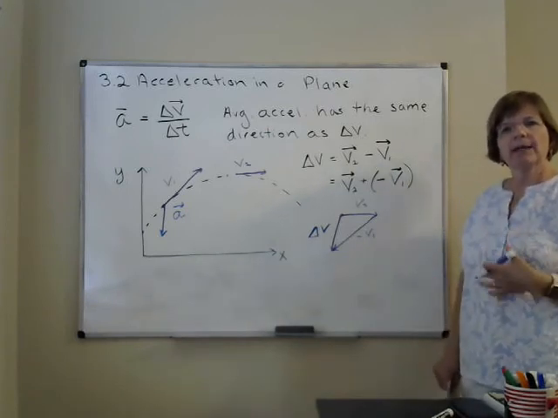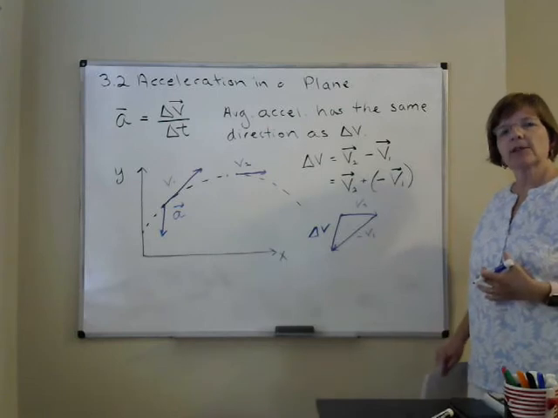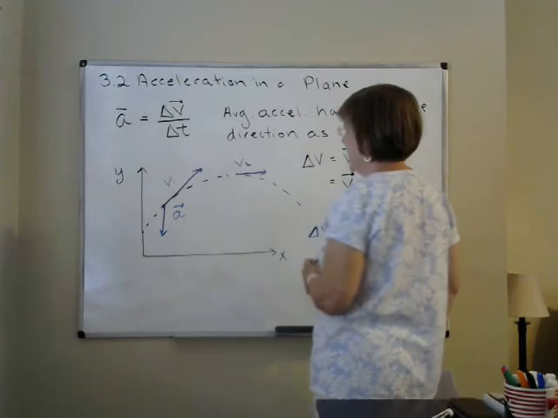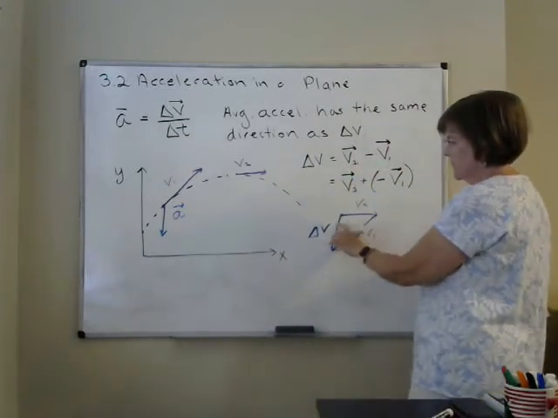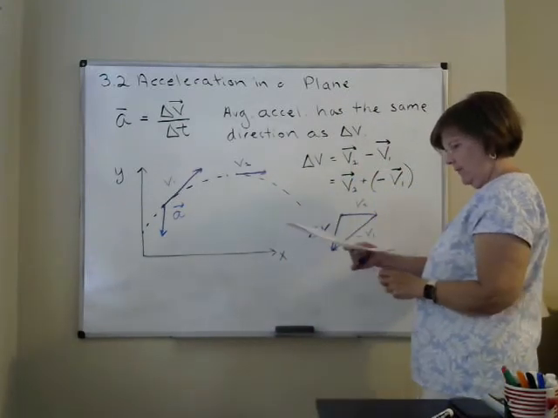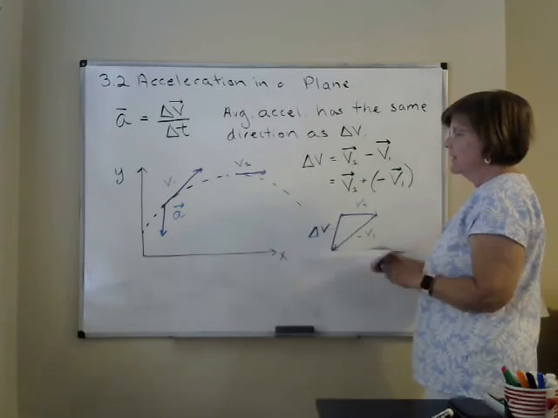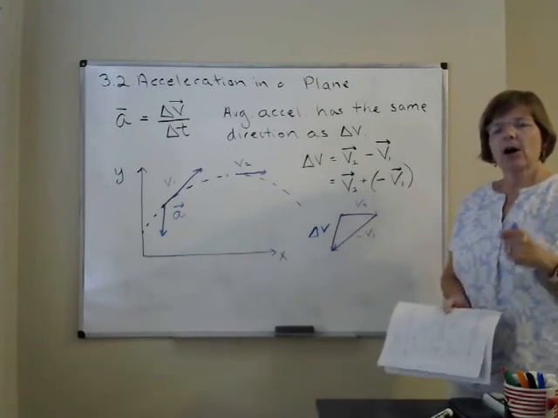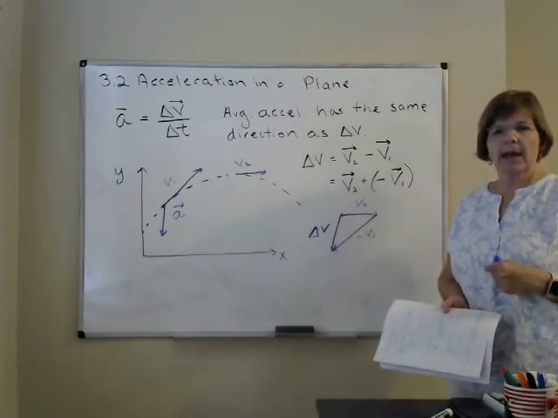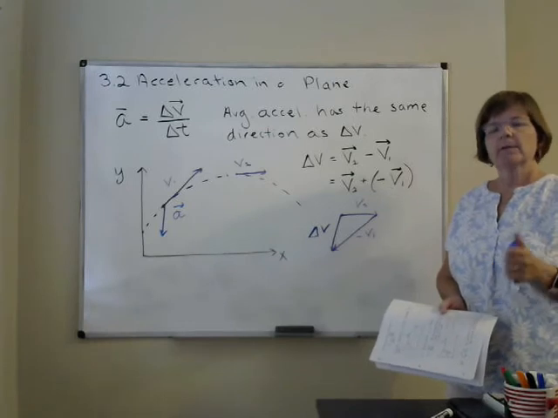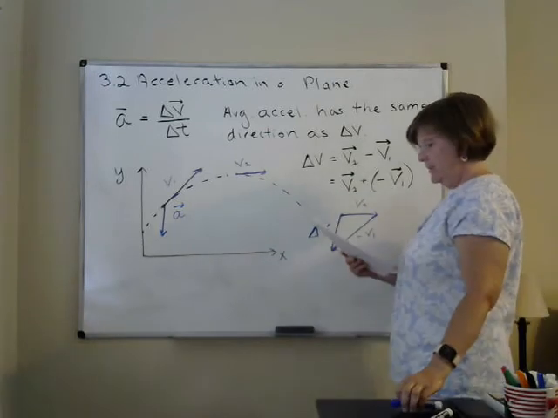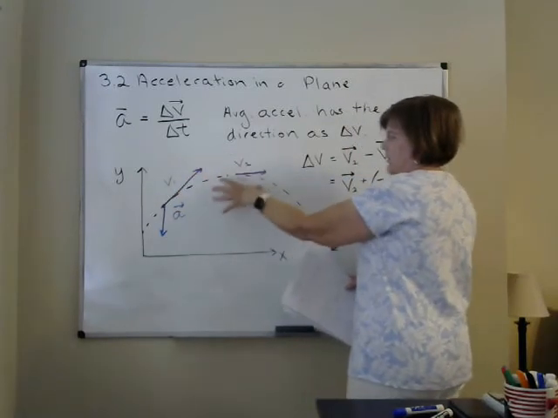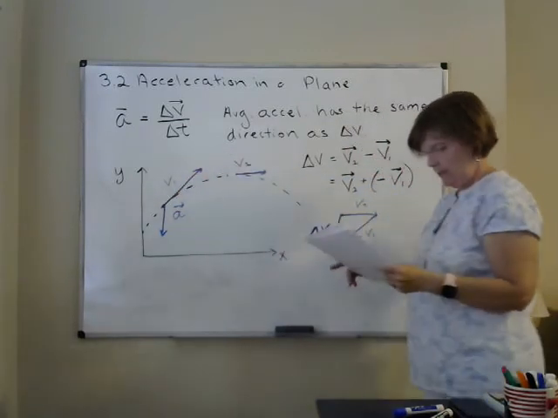When you kick a football, the acceleration is straight down because the acceleration is due to gravity. Notice the direction of the acceleration is the same as the direction of the change in velocity. One thing you'll notice is that the acceleration always points to the concave side of the path. So the acceleration always has to point in towards that side.